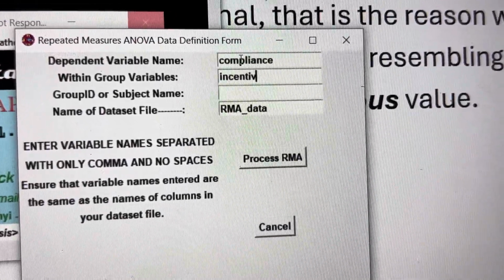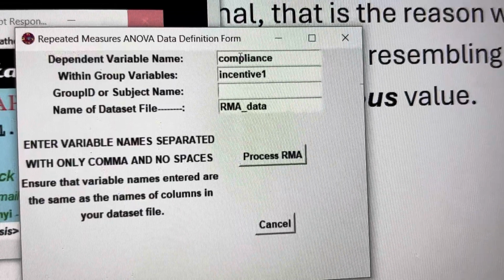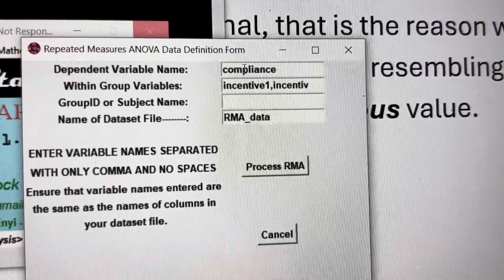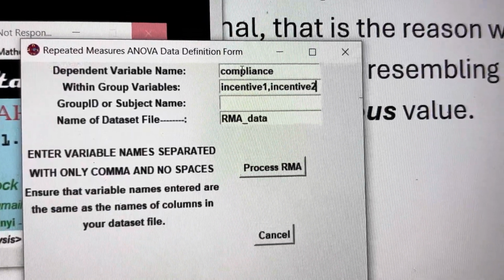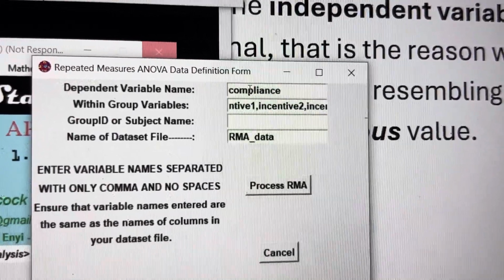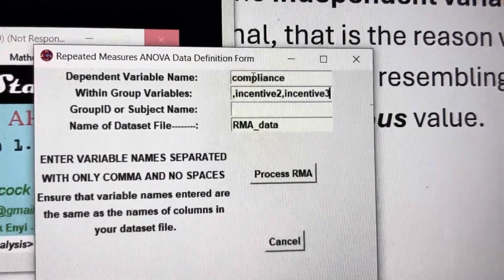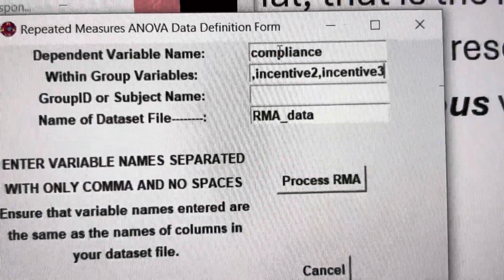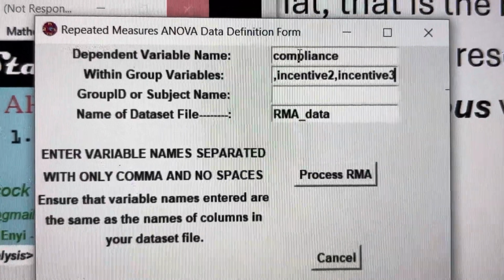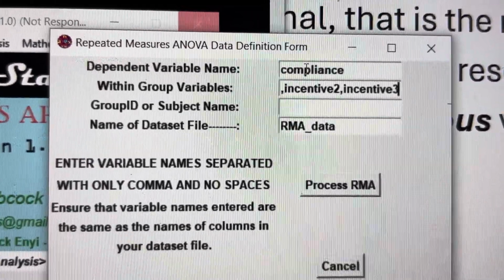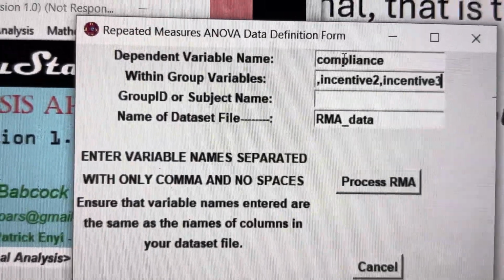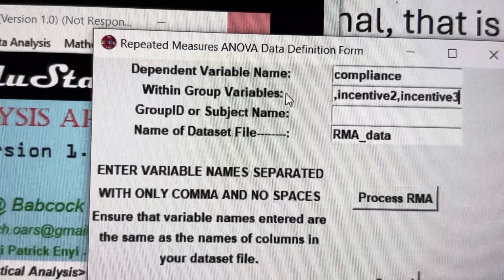Incentive 1, comma, incentive 2, comma, incentive 3. I hope you are seeing that no space in between, just only a comma that was used to demarcate between group variables.